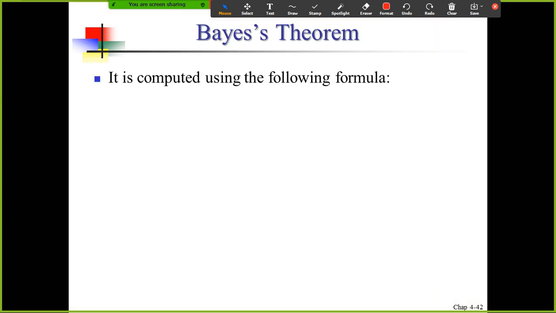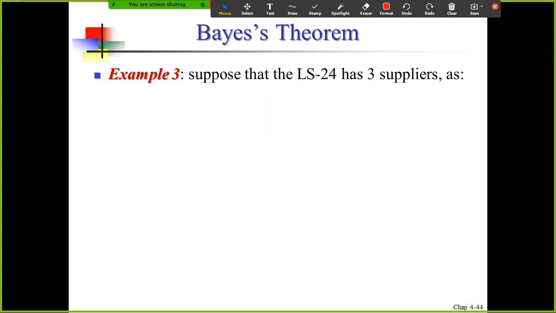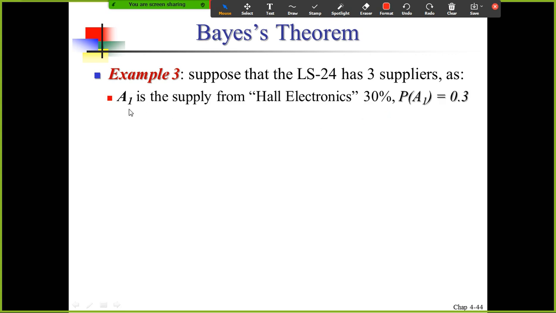Okay, look at the other example. Example 3. Suppose that LS24 is a company producing computers, and has 3 material suppliers supplying material to LS24. A1, this is what we call told first.